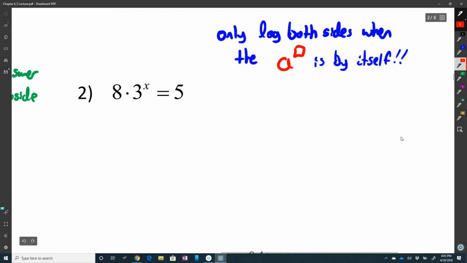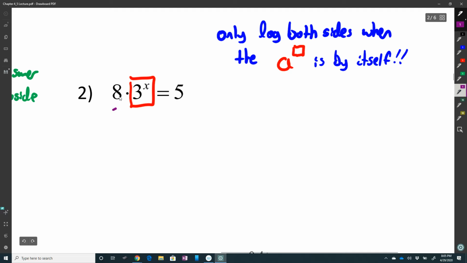Only log both sides whenever the exponential term is by itself. Here's the exponential term. Notice that it is not by itself. So I want to hold off logging until it is.